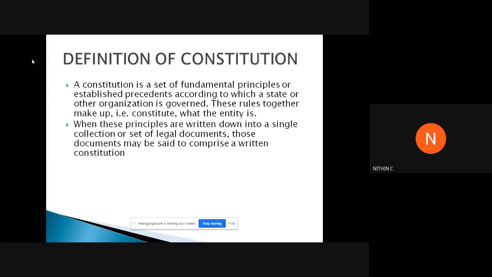When these principles are written down into a single collection or set of legal documents, those documents may be said to comprise a written constitution. When we turn these fundamental principles into a written document, into a single set of legal documents, those documents may be said to comprise a written constitution.